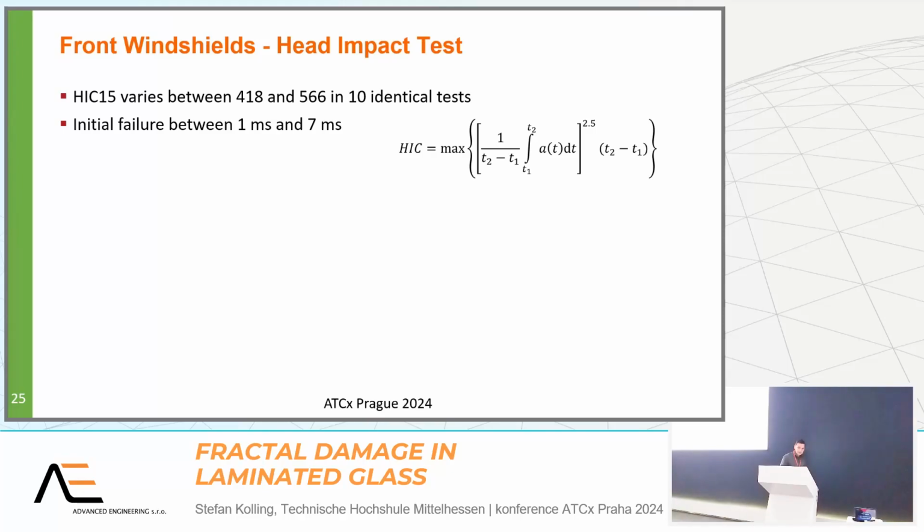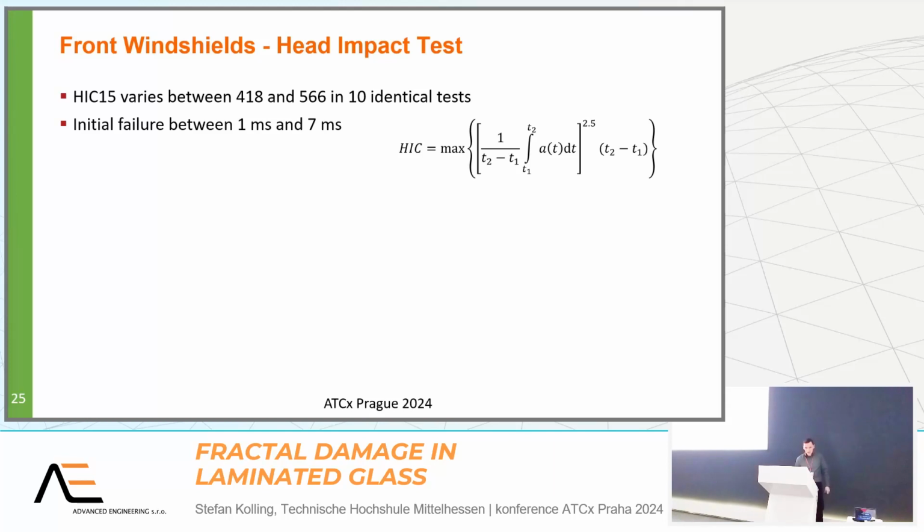Yeah, the next step is the head impact on windscreens, and we have here with some windshields HIC 15 values, which vary between 418 and 566 in 10 identical tests, and that brings the idea that statistics becomes an issue.